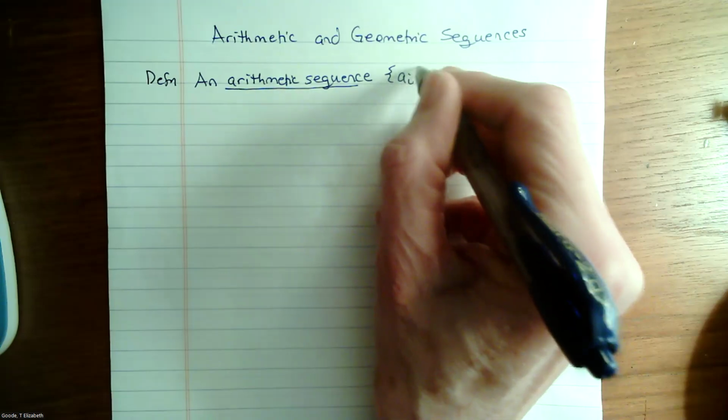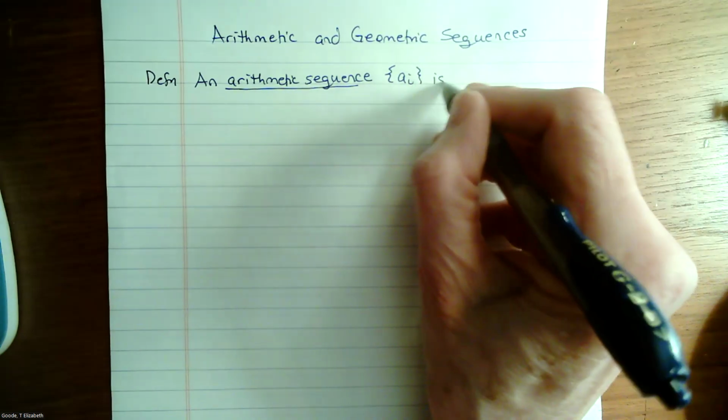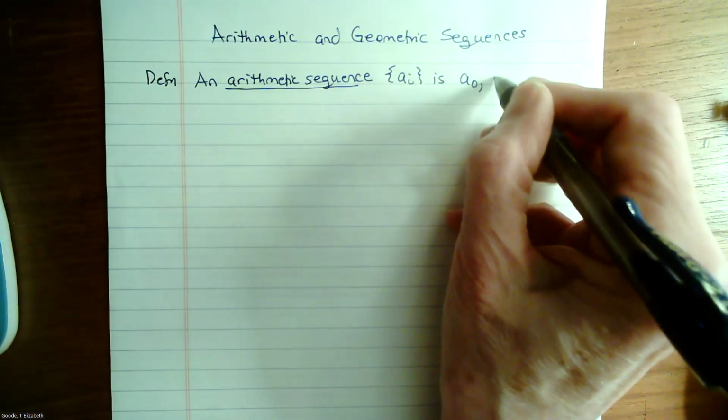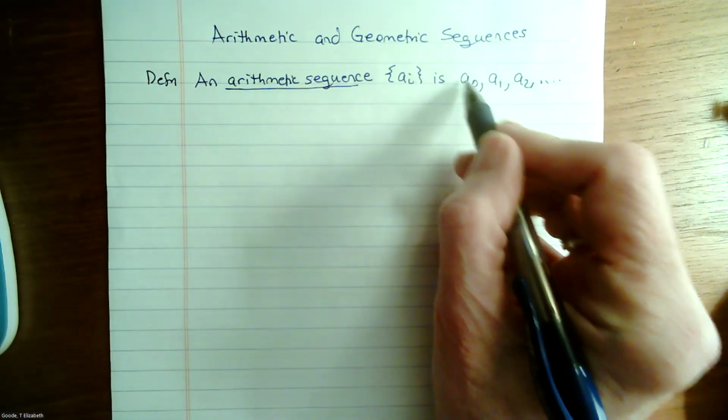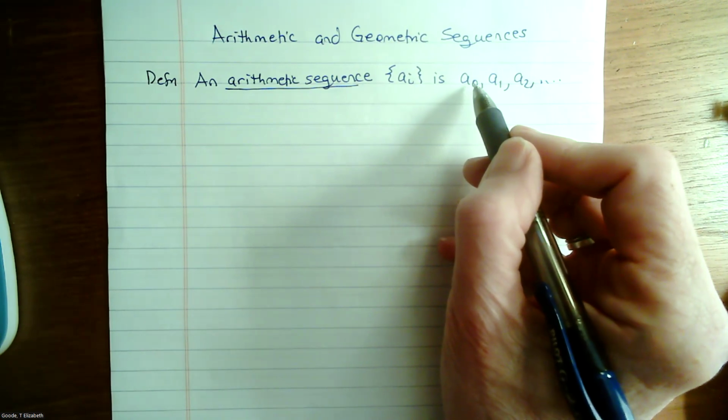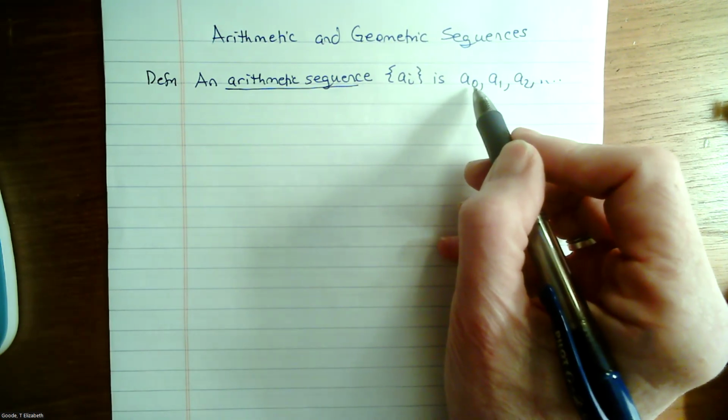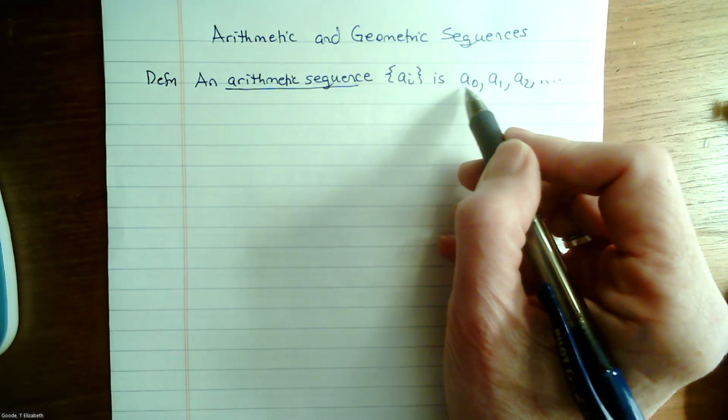curly brackets a sub i is, say, a0, a1, a2, dot, dot, dot. Now, when I say a0, naught, N-O-U-G-H-T, is an old-timey word for 0. It means nothing.